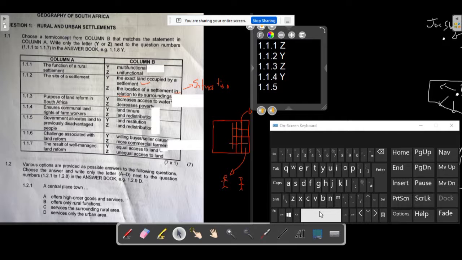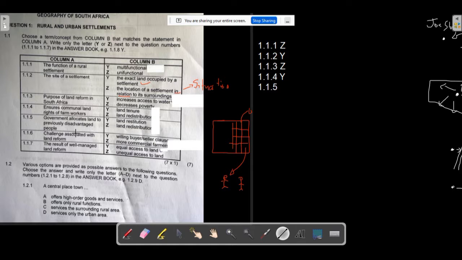1.1.5. Let's go. Government allocates land to previously disadvantaged people. Okay, so allocates land to previously disadvantaged people. Now, this is the key point here. Previously disadvantaged people.